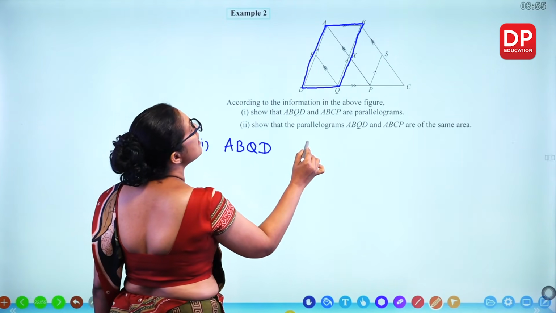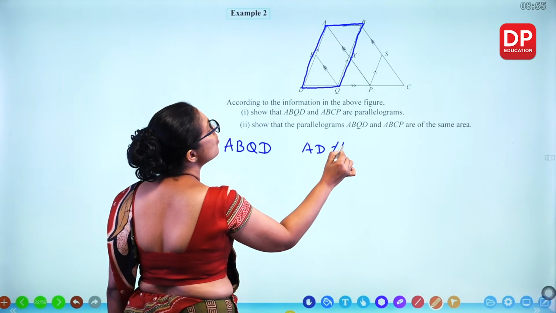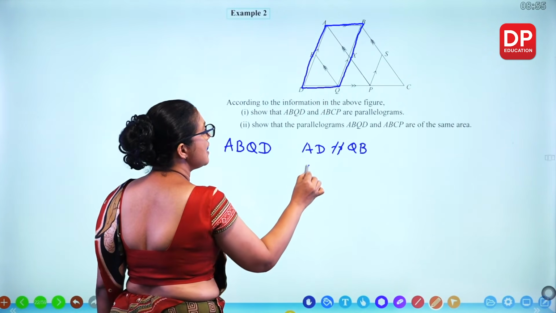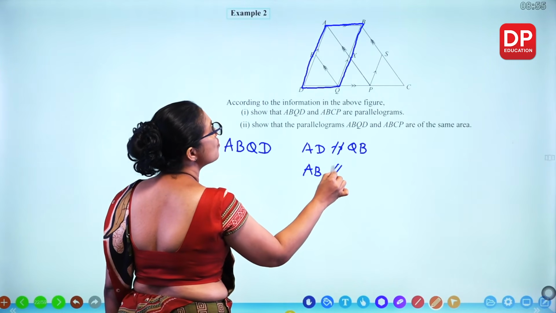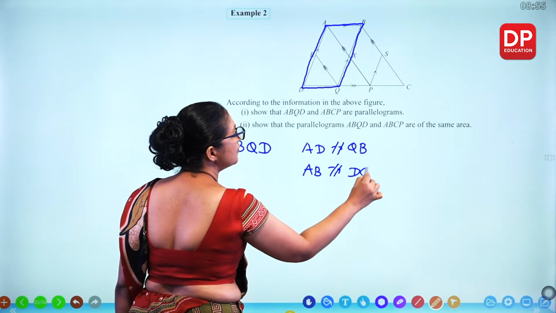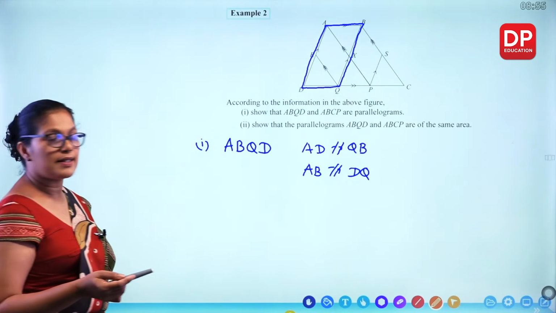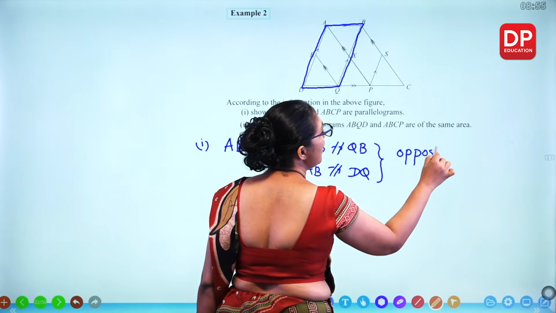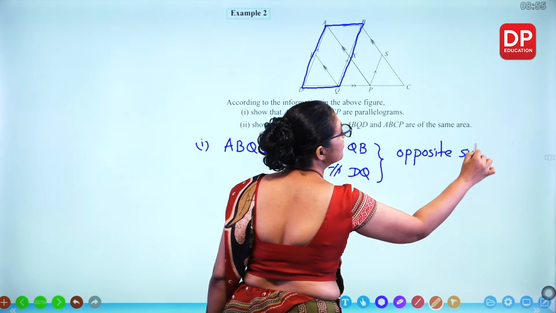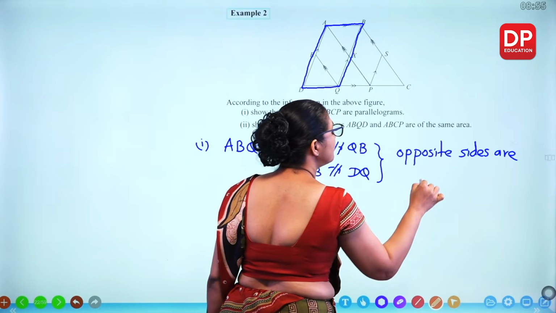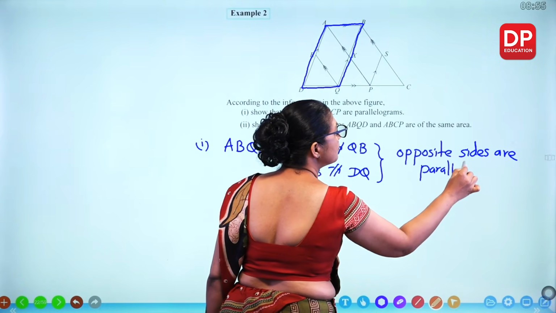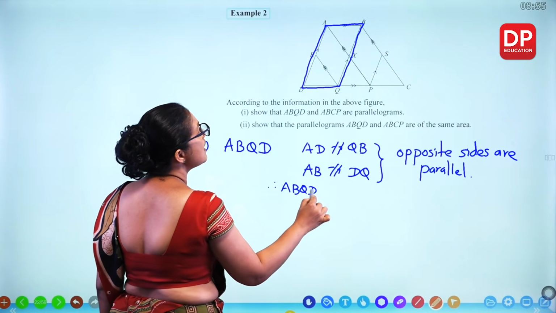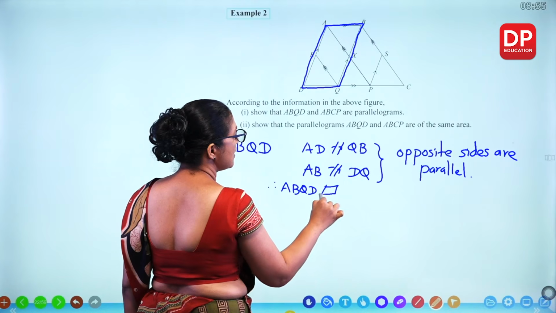We know that AD is parallel to QB, and also we can see AB line is parallel to DQ. Opposite sides are parallel, which means this is a parallelogram. So therefore, ABQD is a parallelogram.